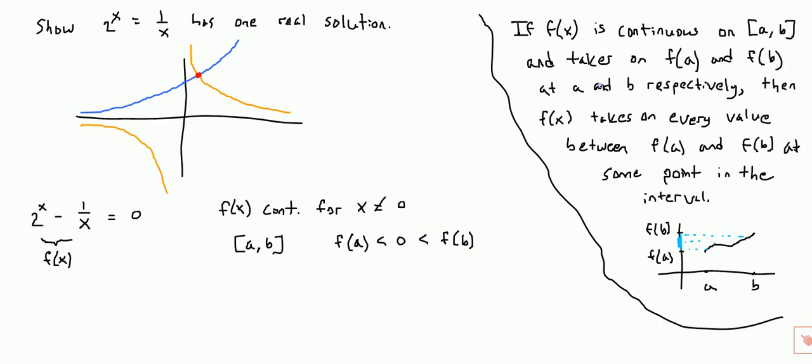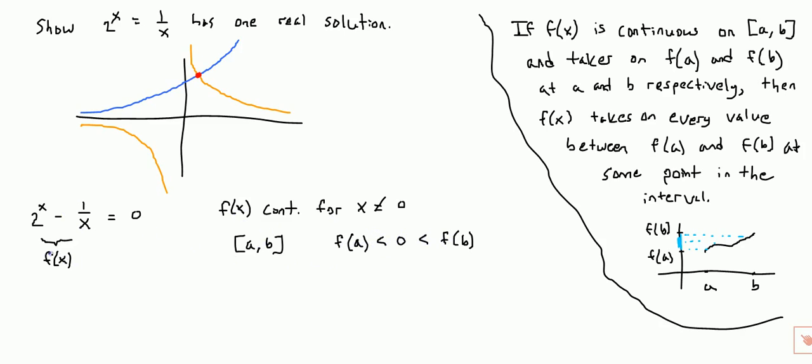And if you think about the intermediate value theorem, if f is continuous on AB, and it takes on f of A and f of B at A and B, then it takes on every value between them at some point in the interval. So if we find some interval for this function such that f of A is less than 0 and f of B is greater than 0, then f has to take on every value between f of A and f of B, which means it would have to take on 0.